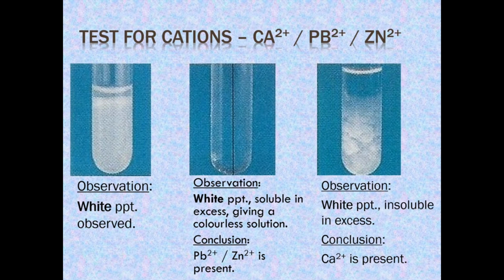The reason is that lead and zinc are amphoteric. So if the white precipitate becomes soluble at the end, it means lead or zinc is present. That's why it's written here: white precipitate which is soluble in excess, giving a colorless solution. But if the white precipitate remains even in excess sodium hydroxide, just know that it's calcium or magnesium.